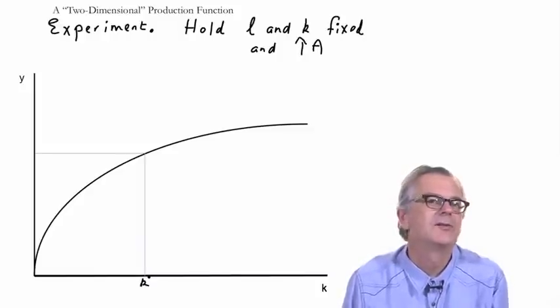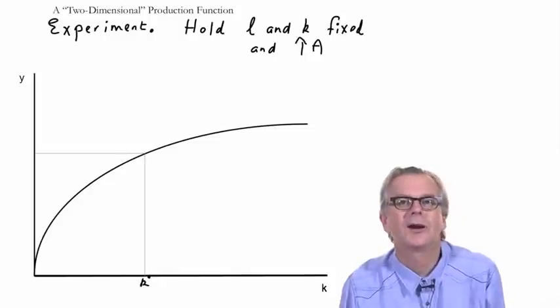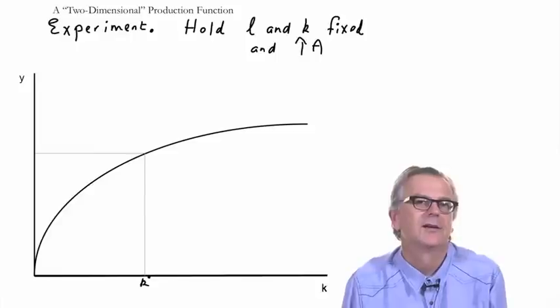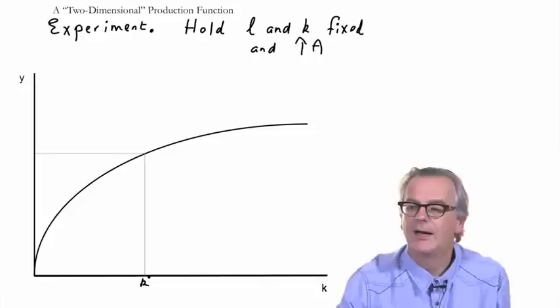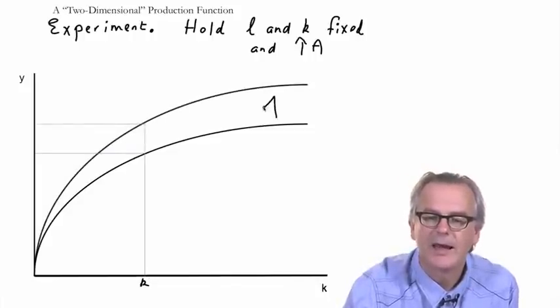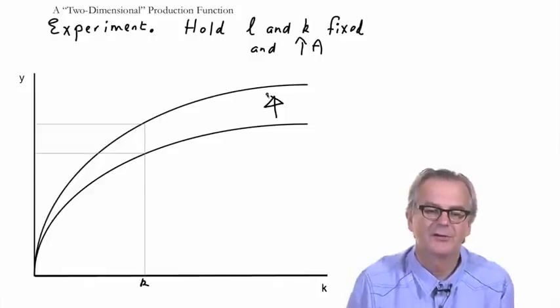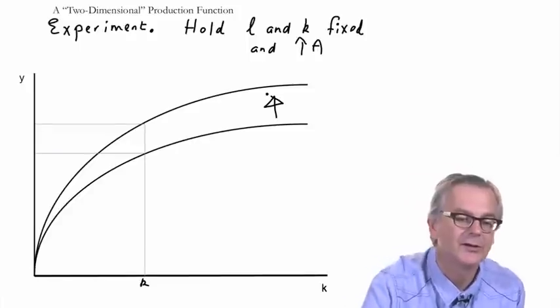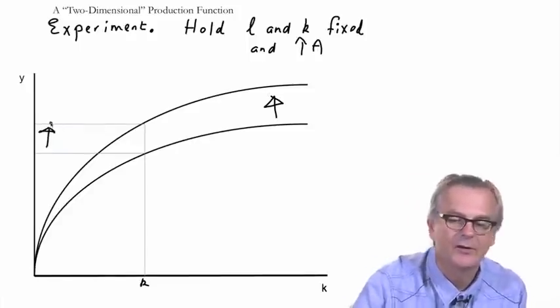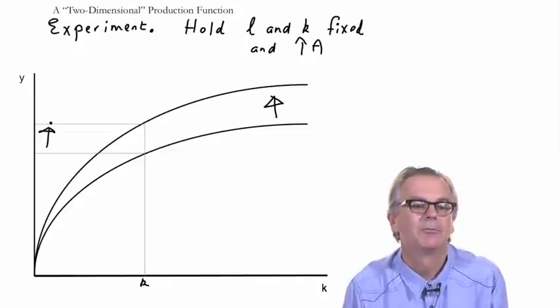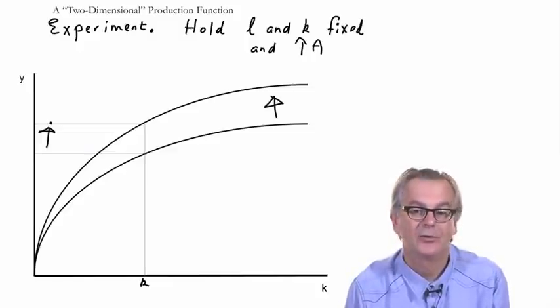Think of it as an improvement in technology, for example, or work practices, or the skill of labour. Any of those sorts of factors, should they increase, are likely to result in more output. So we can illustrate that by an upward shift of this production function. We haven't changed capital, as you can see, nor have we changed labour, but the increase in total factor productivity is sufficient to generate more output.